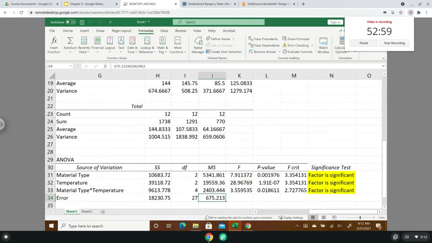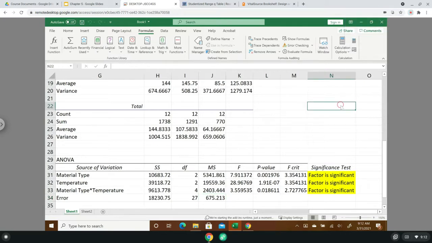So let's talk in general about post ANOVA comparison of means. What ANOVA told us, if you look at this ANOVA table, is, for example, that the factor material type is significant, right? That means there are three different material types.